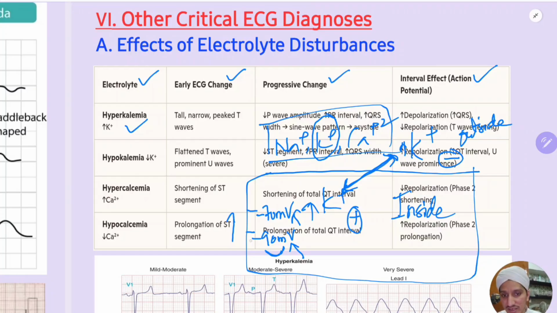That's why I have marked minus 90 at the lower level and minus 70 at the higher level. That means the cell is getting slightly depolarized at the resting membrane, at minus 70. So the cell is easy to depolarize now compared to before.